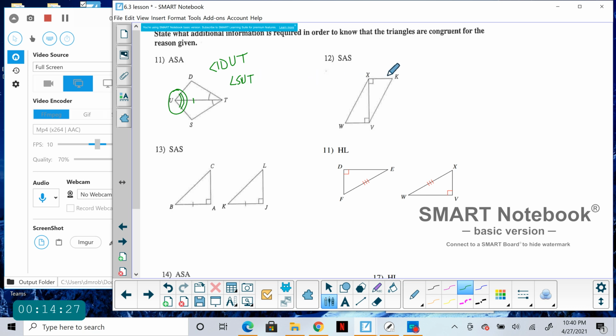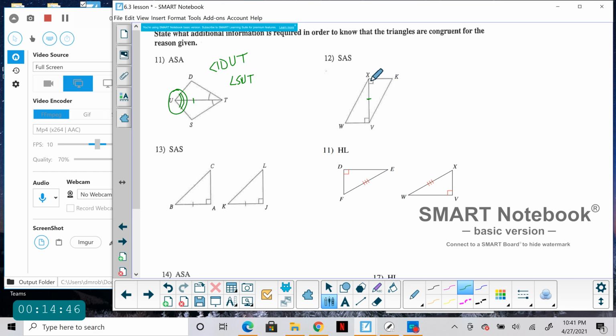In number 12, side, angle, side, we have the reflexive side and we have our right angle. And they want us to use side, angle, side, so we're not using the hypotenuse leg here. But we could because they're right triangles.